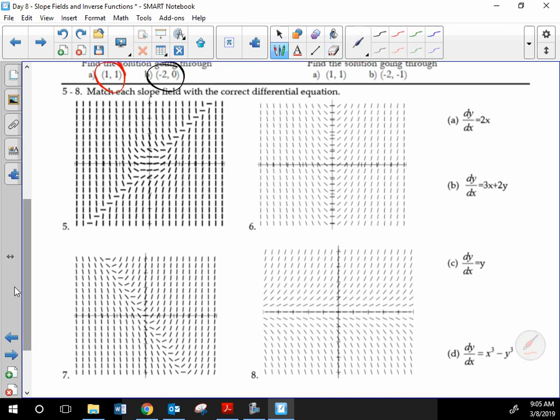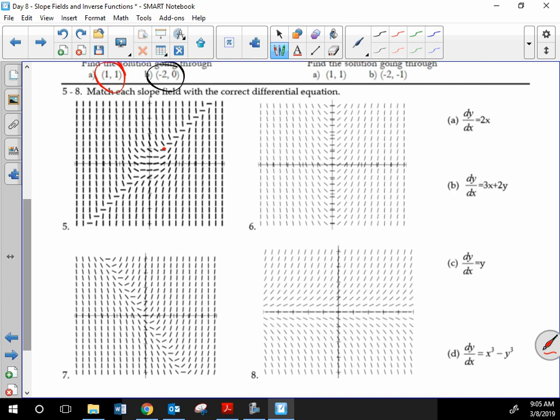We can see that the 0.11 is a little different there. So if we take 1, 1 and put it in, what do we get for A? 2. So which of these has a slope of approximately 2? Not this guy, right? Maybe here. Maybe there. So we know this is not A.